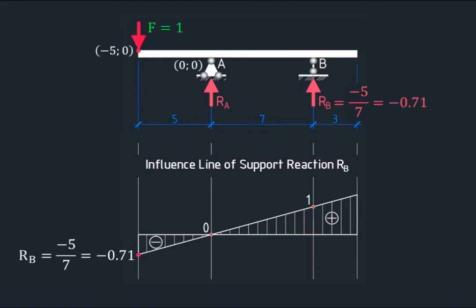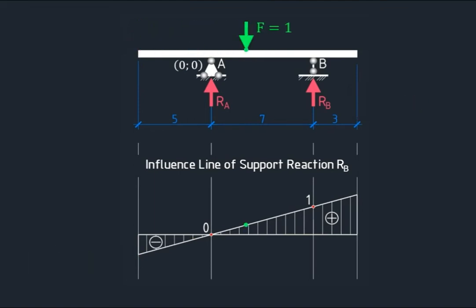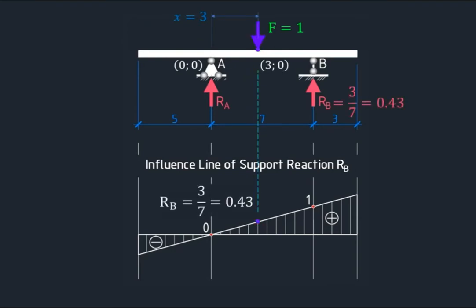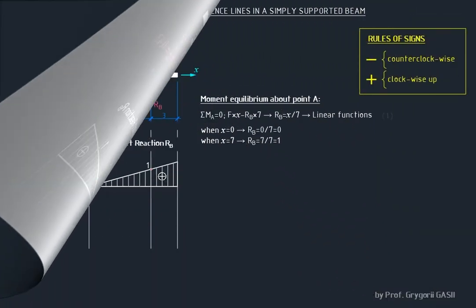Or consider the case when the load is at a point with coordinate 3, 0. Then if a line is drawn to the intersection with the influence line, the ordinate of the intersection point is equal to the value of the support reaction RB.